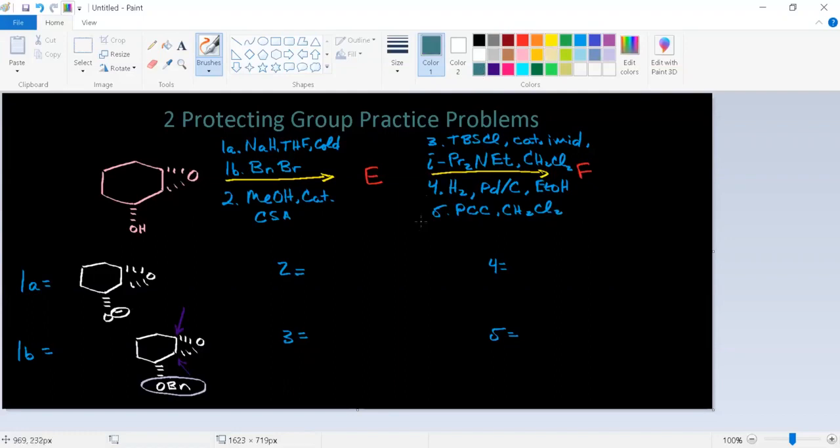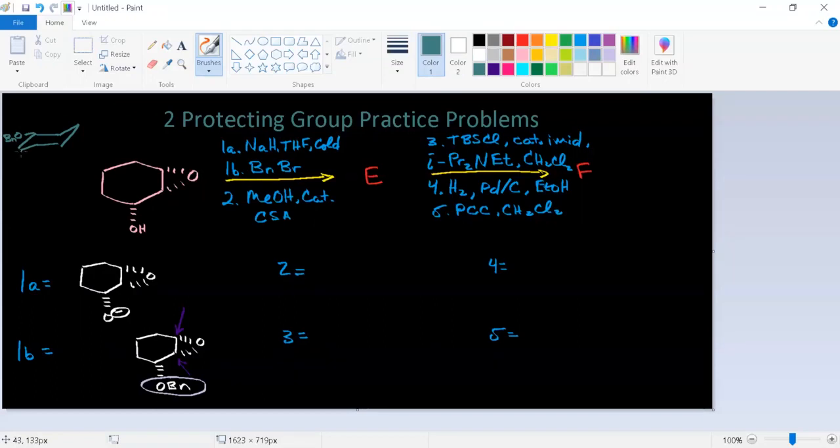We can answer this if we draw a chair, real quick. I'm going to do it up here in the corner. We're going to put the OBn on an equatorial position, because that'll give us the least steric interactions, which is good.